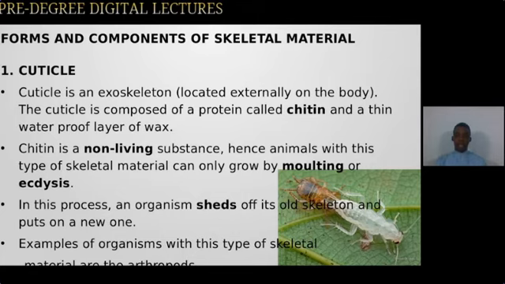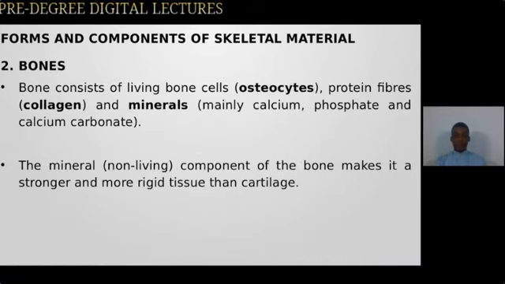Then the body will be naked and soft. They increase in size and then develop a new exoskeleton or cuticle. The picture there shows an insect coming out of its former skin. You can see how transparent and fragile it looks, but that's to enable it to grow or increase in size briefly. That process of molting is also known as ecdysis.